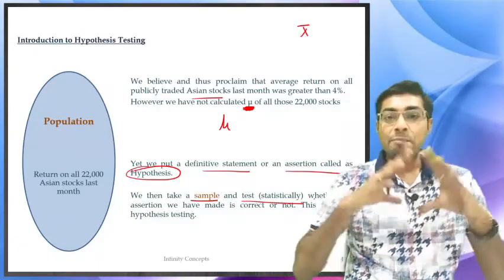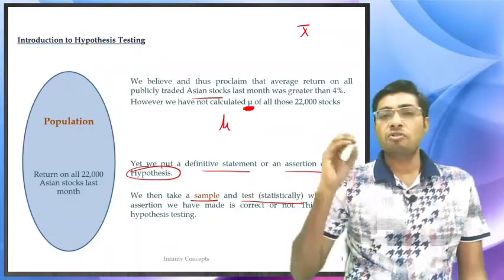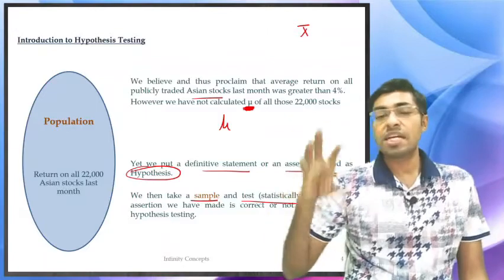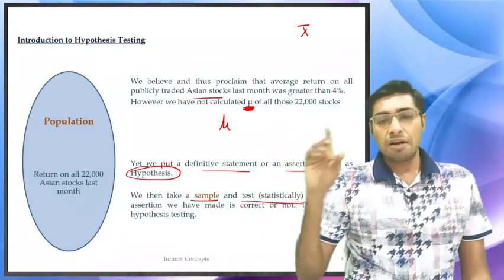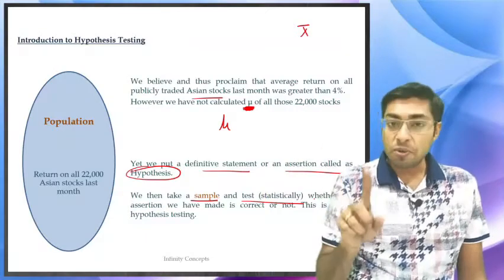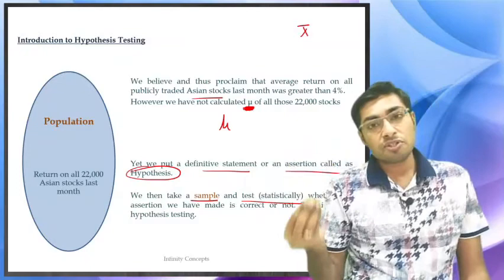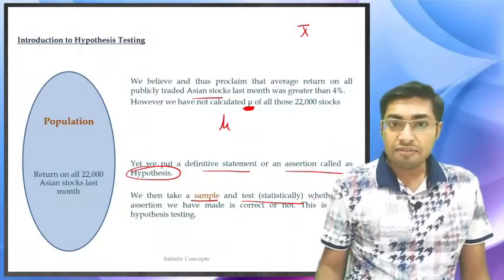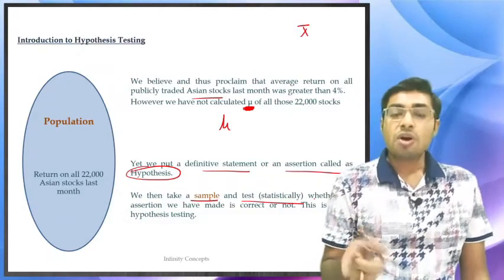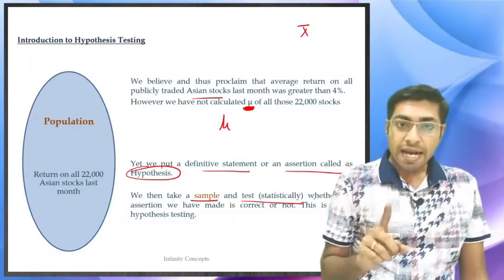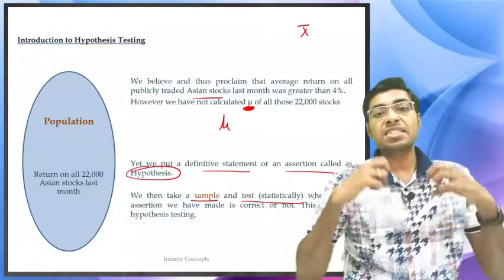Now, let me simplify whatever I have said. There is a population of 22,000 stocks on the Asian stock markets. We want to know what the mu is, the mean of all those 22,000 stocks. Now this is very difficult. We can't calculate for everything, and therefore we are going to make a declaration, a statement.